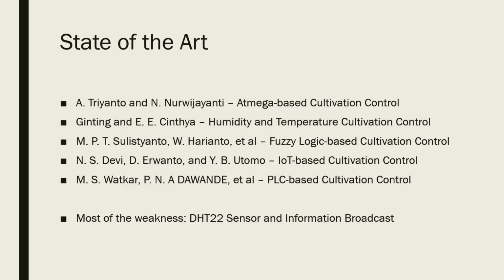However, the state of the art of the previous research has a similar weakness: the HT22 sensor was not utilized, and the information broadcast inside the cultivation still uses the classic approach, not Message Queue Telemetry Transport, a protocol which has many benefits, including lighter communication and lighter packet size, which is easily transported via any medium, especially wireless.